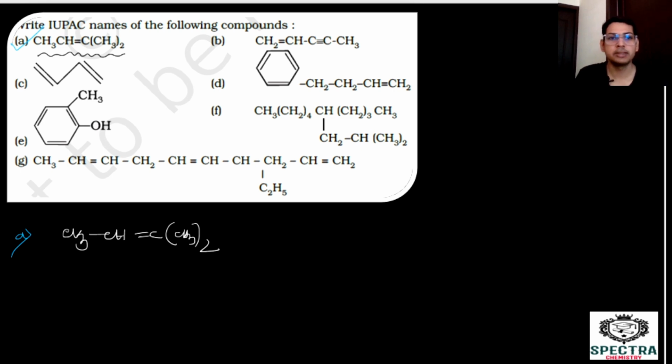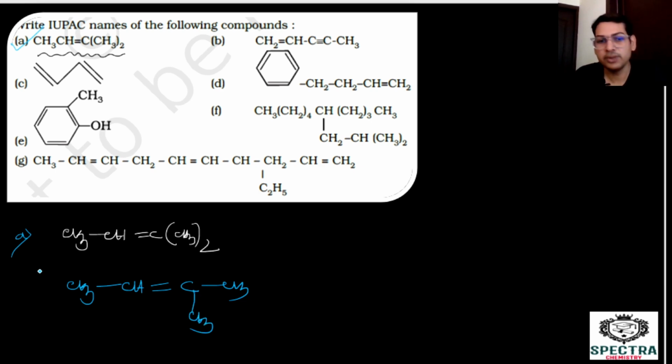How to do the naming of this molecule? First of all, we have to understand how to write this molecule. Should I write it as CH3 CH double bond C CH3 CH3, or should I write it with a CH3 here and a CH3 here?